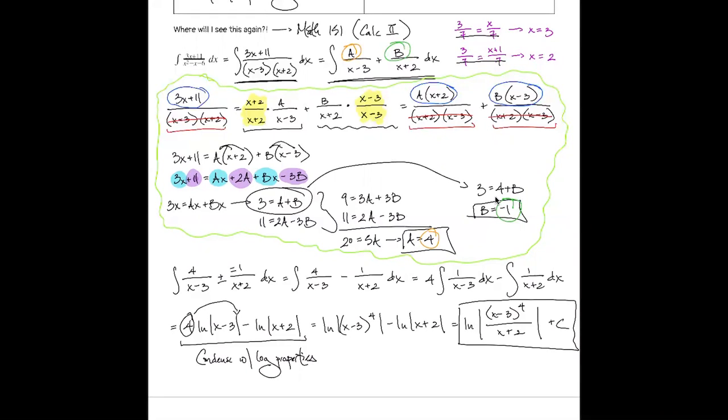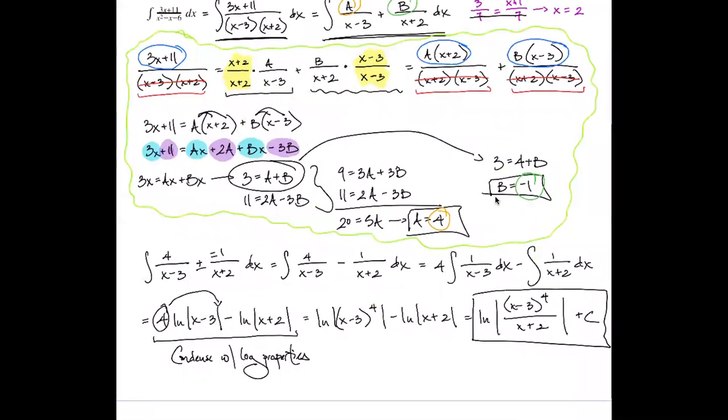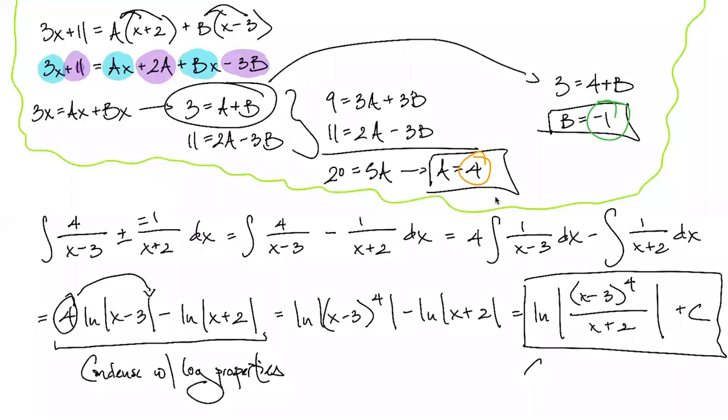If you do have bounds, finding a specific number, then there's no plus C. But this is called a general solution. And it just means that we have a variety of values of C that could make it work for this particular question.